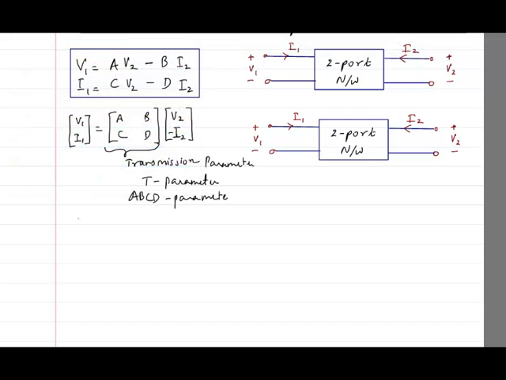Now from here I can define what is A, what is B. As you know, for finding A and C I have to make I2 equal to 0. How do I make I2 equal to 0? By keeping the output as open circuit.